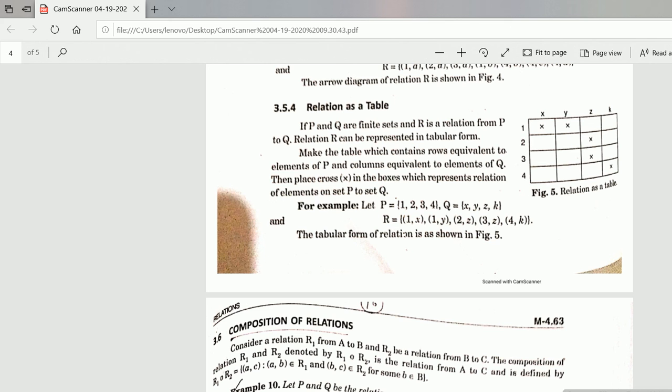There is no relation with z and k, so I haven't put anything over here. Now 2 is related to z, I have put a cross here. 3 is also related to z, so I put it here. And 4 is related to k, so I have put a cross here. So this is the representation of a relation as a table.